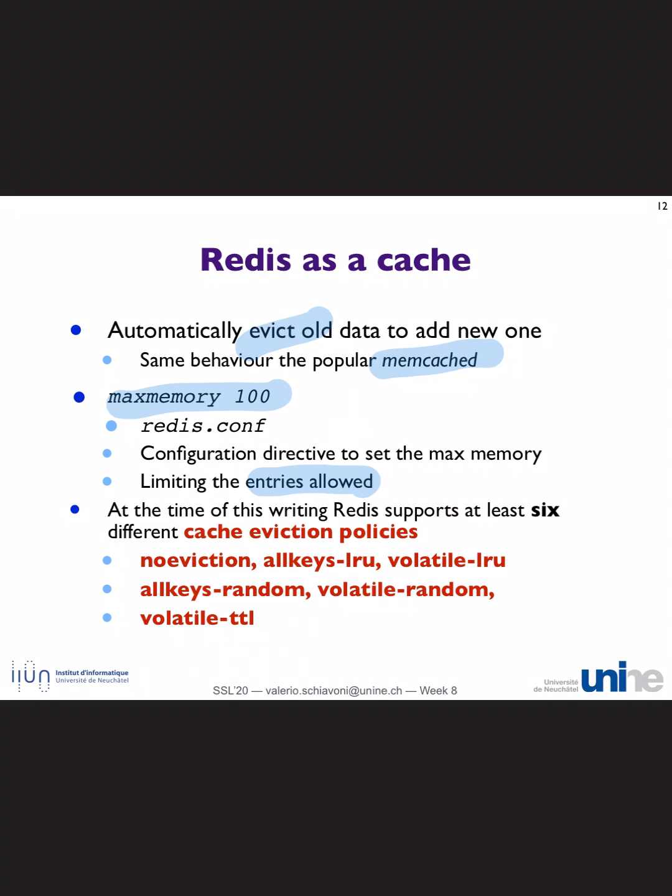At the time of this presentation, when we looked again at the latest versions, Redis has support for at least 6 different cache eviction policies. One of them is obviously somehow dumb, which is no eviction, so it never evicts. Otherwise, it supports a few more, which we are now going to look at in more detail.